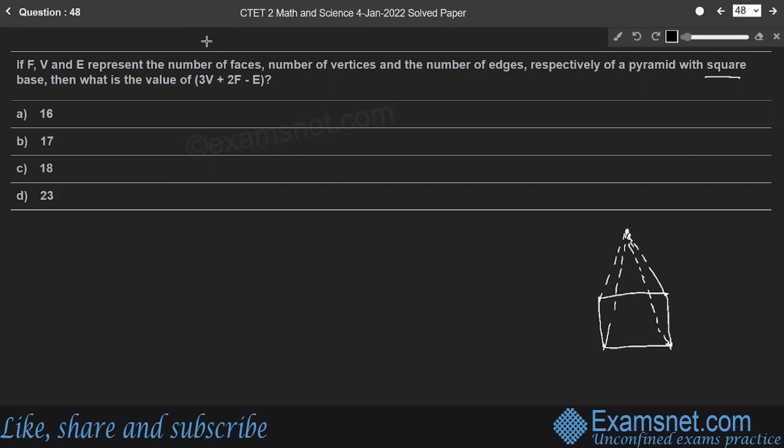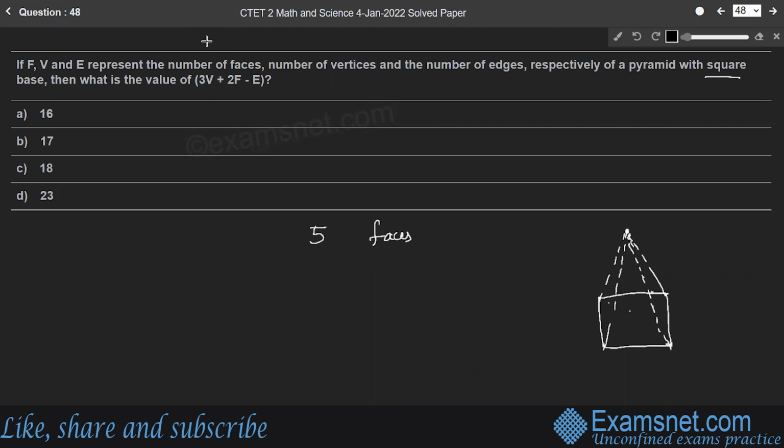It has five faces. Here, four equal triangles, 1, 2, 3, 4. One at the back side, and a square base. So it has five faces.